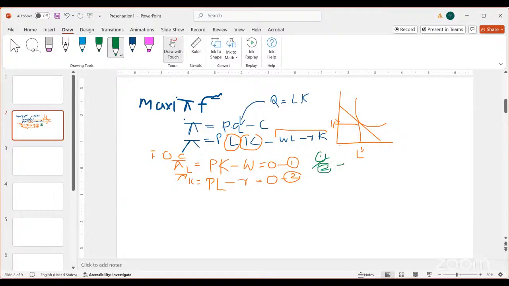There I'll get K divided by L equal W divided by R. With that, we can get, let's say, a third equation. We can rewrite that as L R equal K W.